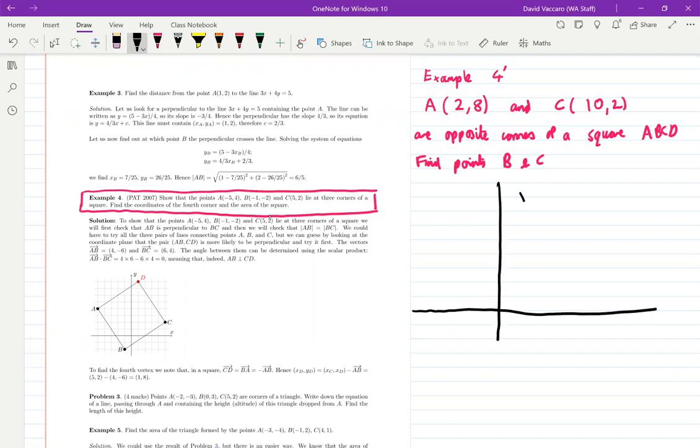So we've got A is (2, 8). C is over here, (10, 2).